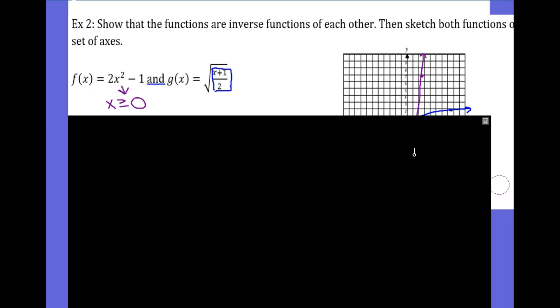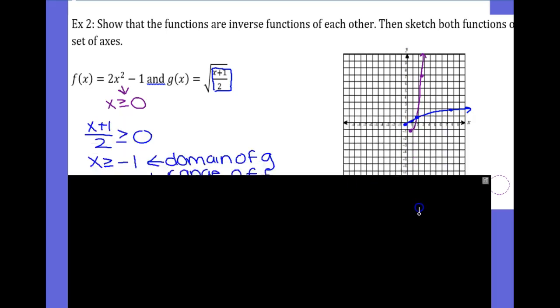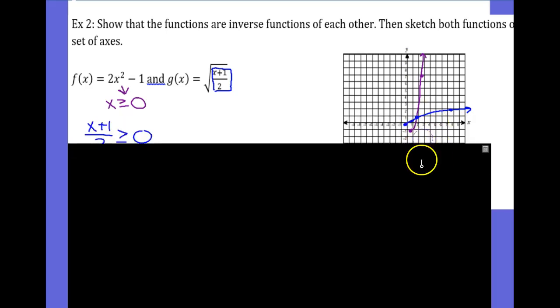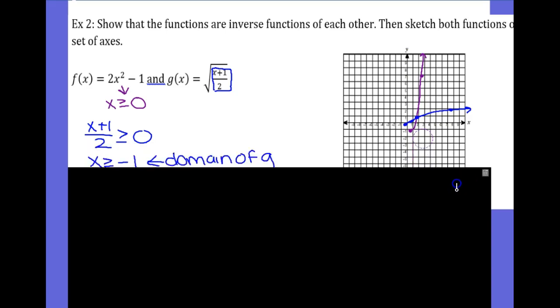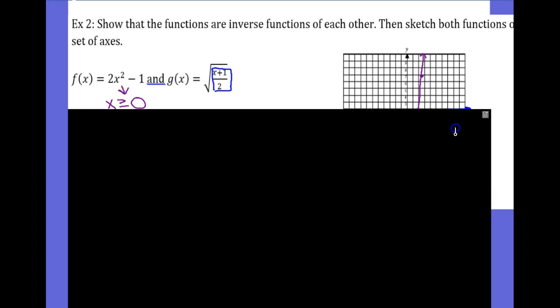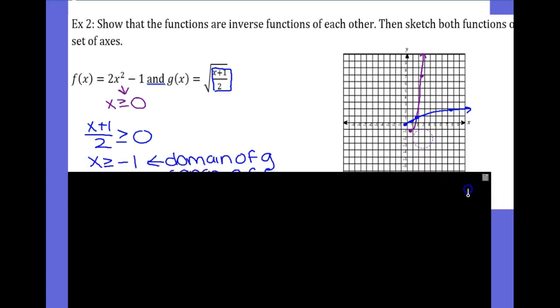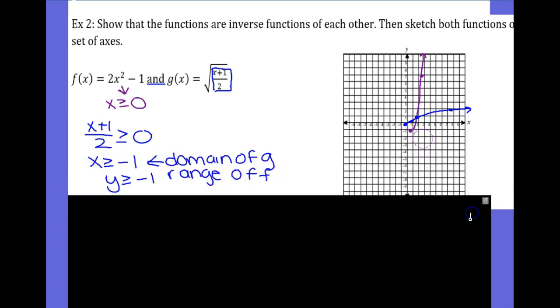When you graphed it, you probably had the entire parabolic curve. So in order to see the inverses, we have to get rid of the second half of that curve. The reason for that is because the domain of g has to be such that x is greater than or equal to -1.